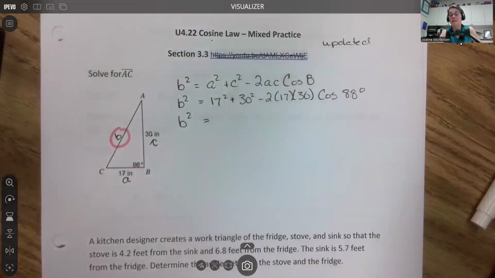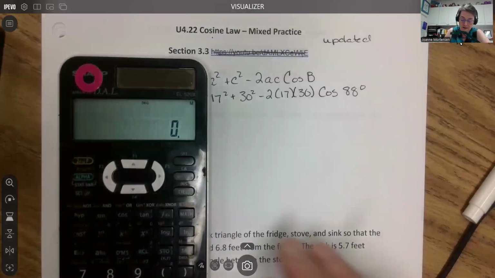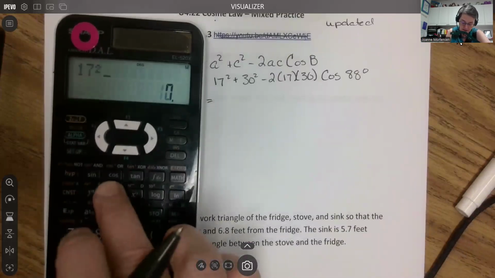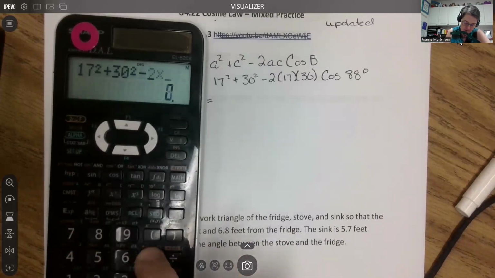Now, magically, last video my calculator performed like a champion, and I could punch this in all at once. So 17 x squared plus 30 x squared minus 2 times 17 times 30.